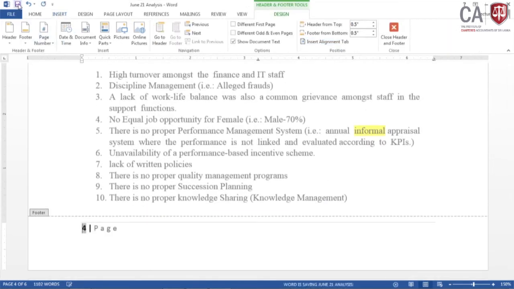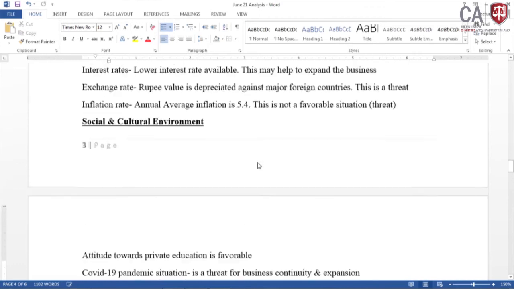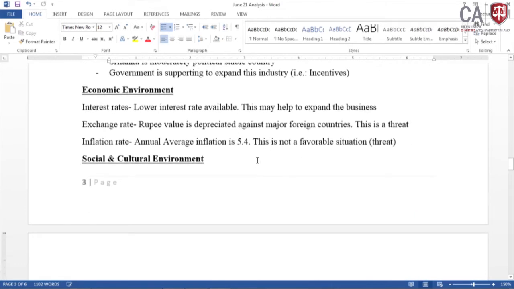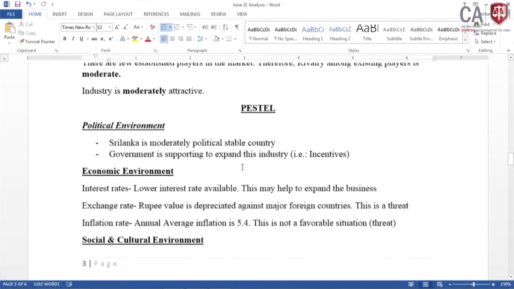Right. So with that we have completed this PEST analysis relevant to the given case data.